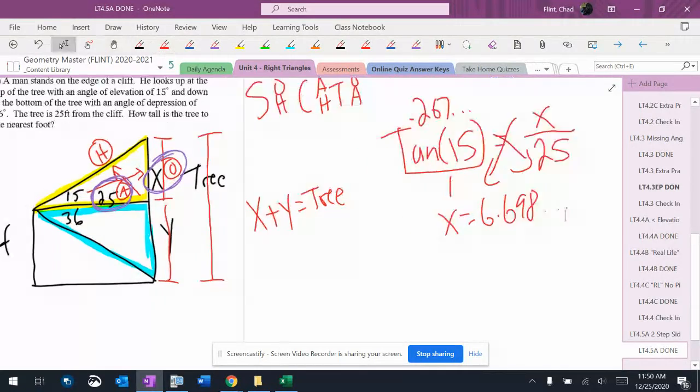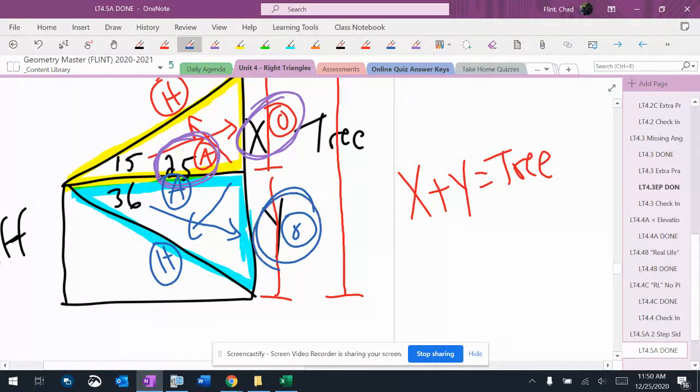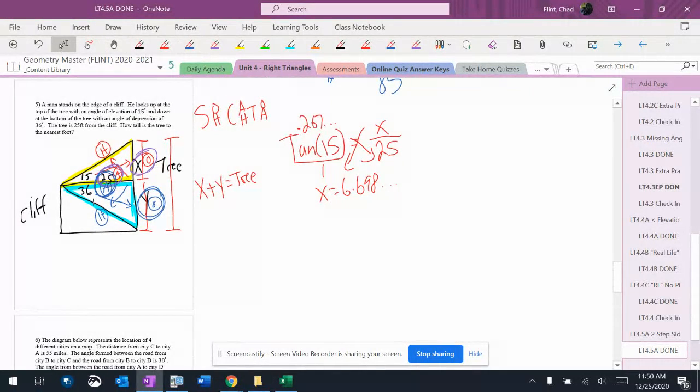Okay, now the blue triangle, same deal. Hypotenuse is over here. Opposite is over here. Adjacent, the 25 of them. I want to know the opposite. I know the adjacent, so this is another tangent problem. So tangent is a fraction. The adjacent is 25. The angle is 36.